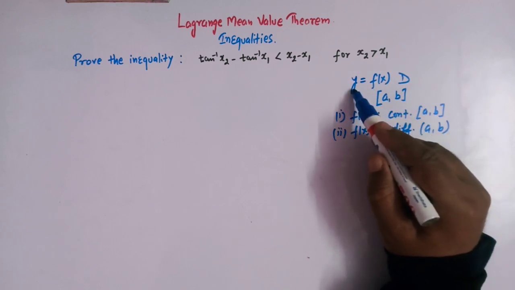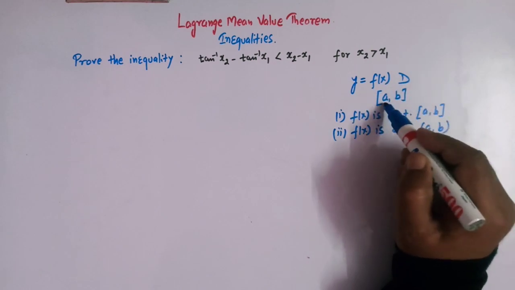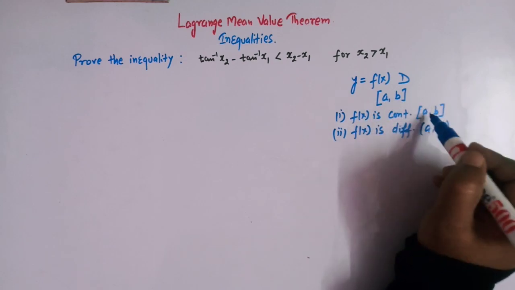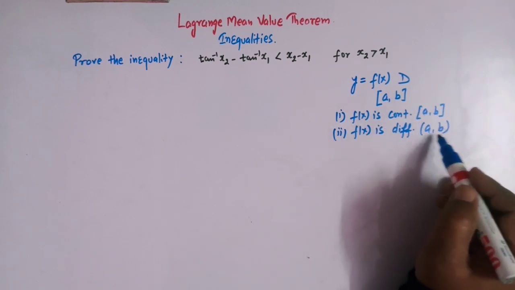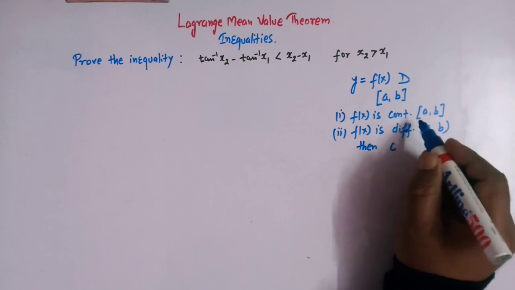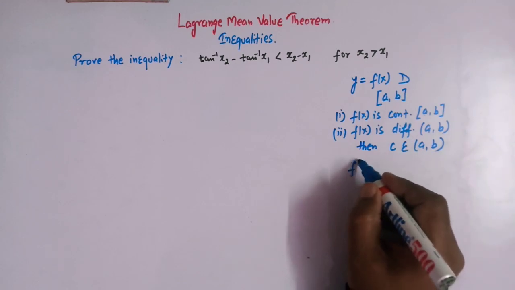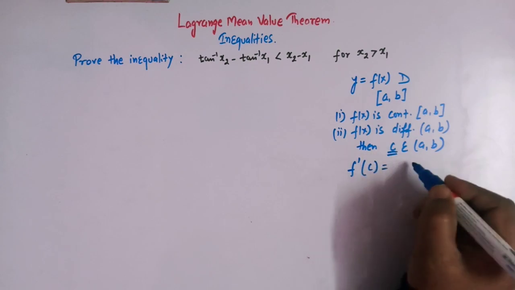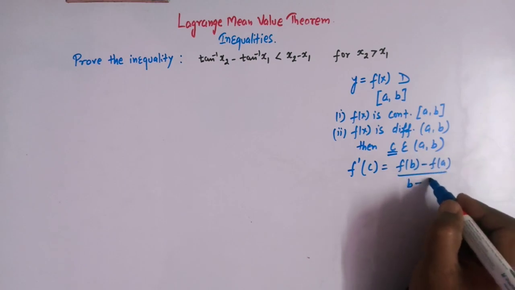So if we have a function y equal to f of x defined in some domain D, where this interval a to b is defined, and f of x is continuous in the closed interval a comma b, and f of x is differentiable in the open interval a comma b, then there must exist some point c which belongs to this interval a comma b, such that the derivative of this function at this point c is equal to f of b minus f of a divided by b minus a.